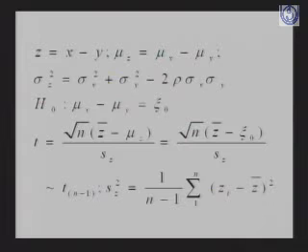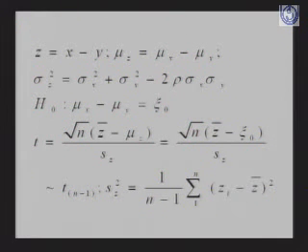Now in this situation, I may be interested in testing for the difference of the two means, that is my null hypothesis will be mu x minus mu y is equal to xi naught, say some quantity xi naught. Now the test statistic t, which is equal to root n multiplied by z bar minus mu z divided by sz, and mu z I have replaced by xi naught, because under my null hypothesis mu x minus mu y, which is mu z, is nothing but equal to xi naught.